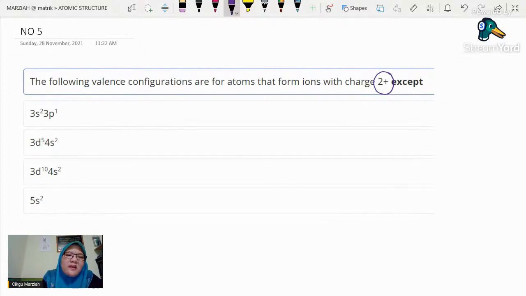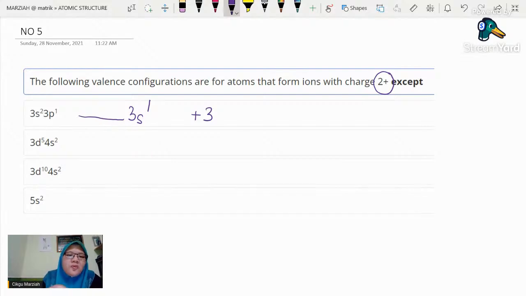Alright. So, if you look at number 1, what is the suitable number of electron yang dia kena buang? Kalau dia buang 2, dia tinggal 3s1. Okay, this is the valence which is not suitable. Dia mesti buang positive 3 electron.